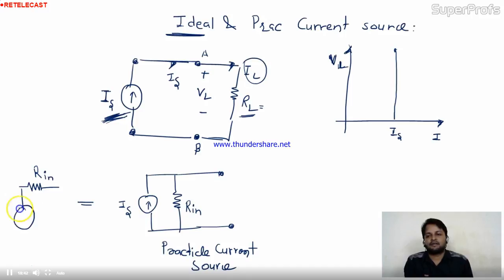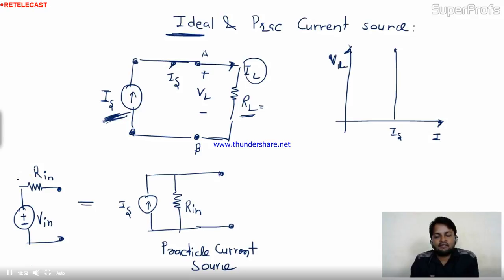This is the practical voltage source. For the voltage source, the resistance is connected in series, and for the practical current source, the internal resistance is connected in parallel with the value of current.